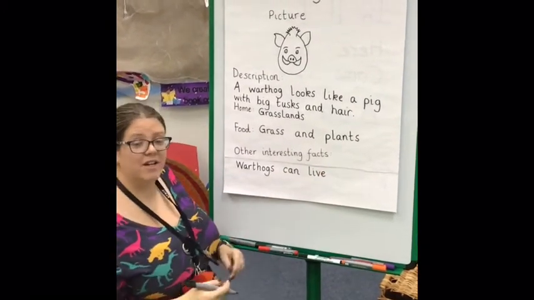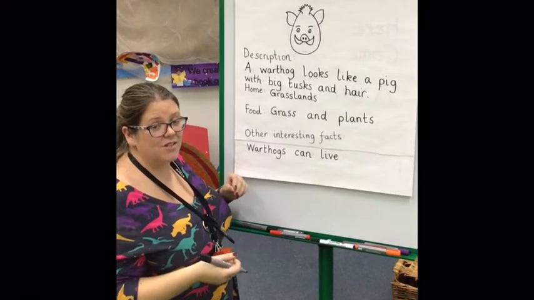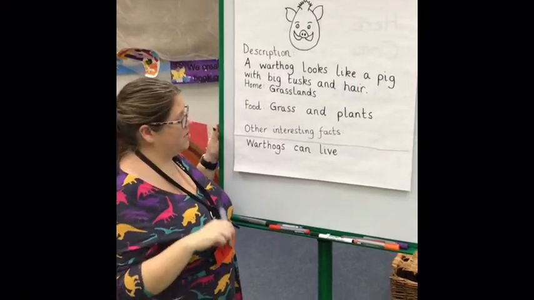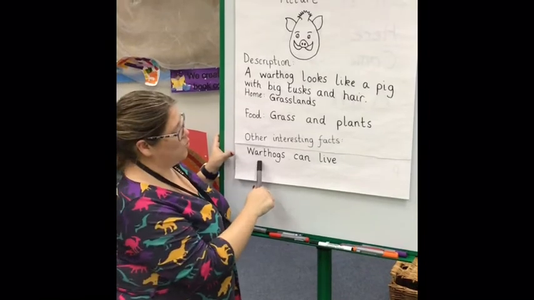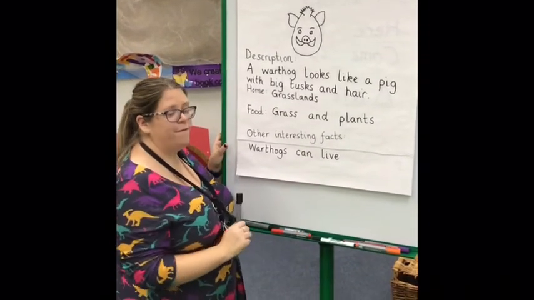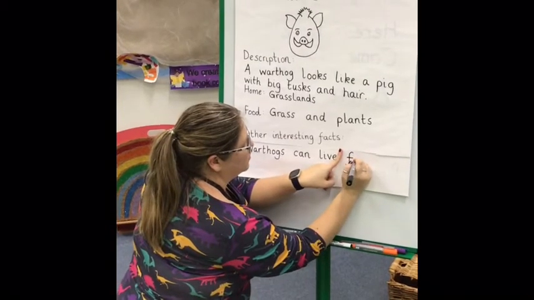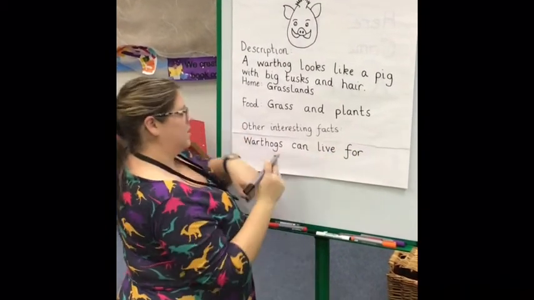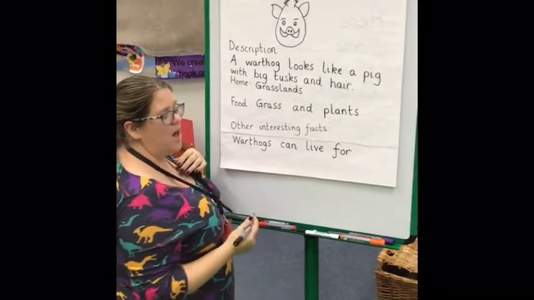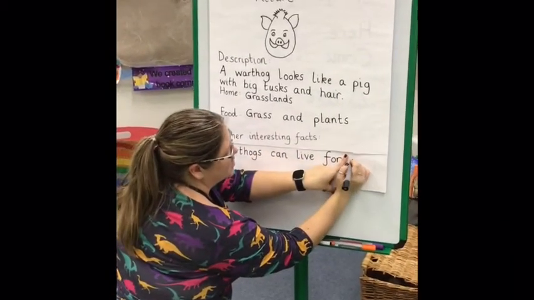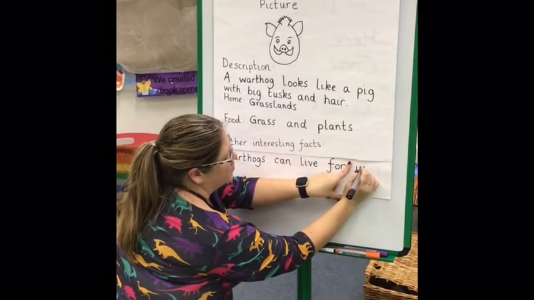If you're not sure how to write a word, just use the sounds that you can hear and the diagrams you know to match. So warthogs can live for, this has got one of our digraphs that we've done, so warthogs can live for up, you can help me with that one, up, well done.